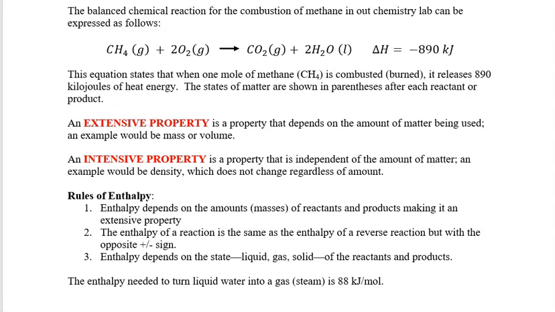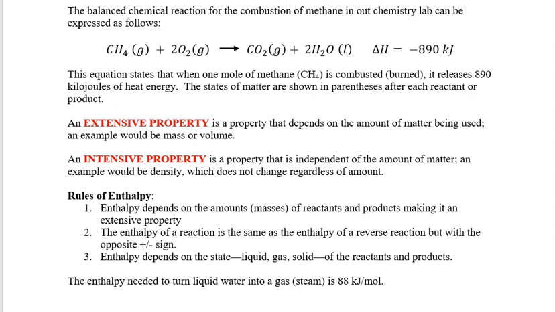If it's in liquid form, what delta H negative 890 kilojoules means is that 890 kilojoules of energy will come out of that reaction from the system, which is where the reaction is taking place, into the surroundings. So negative 890 means that much heat energy, 890,000 joules, is coming out of the system and into the surroundings.